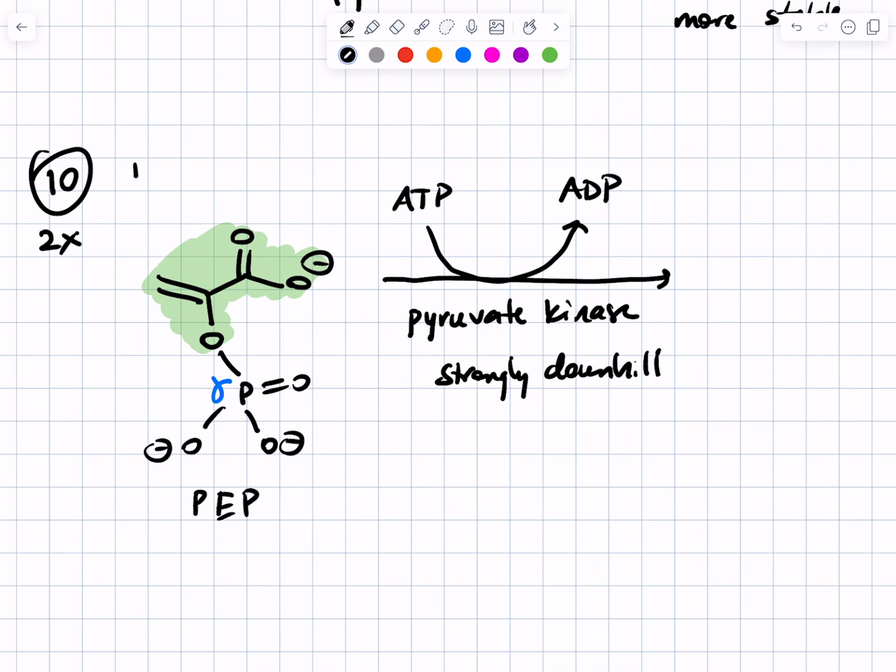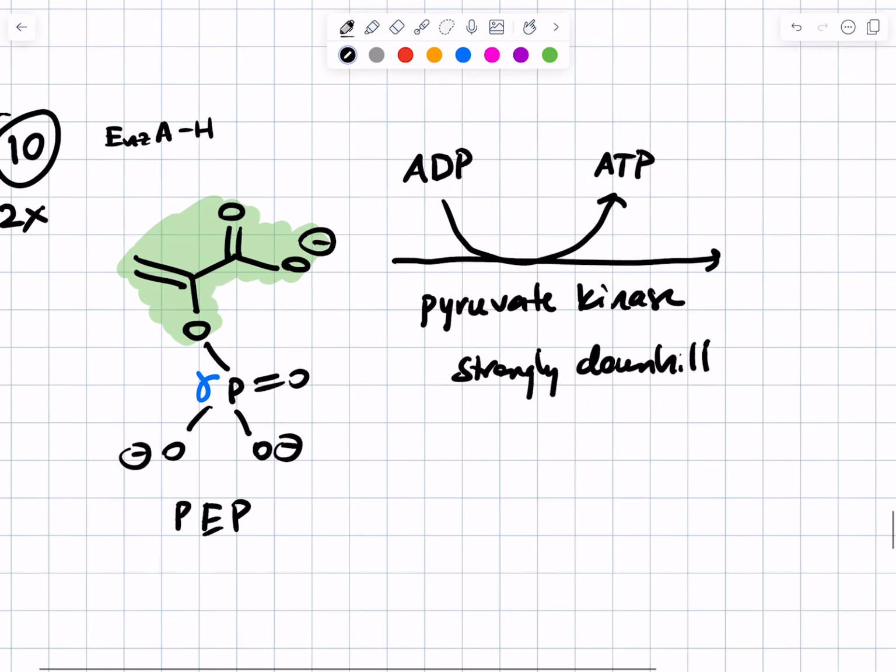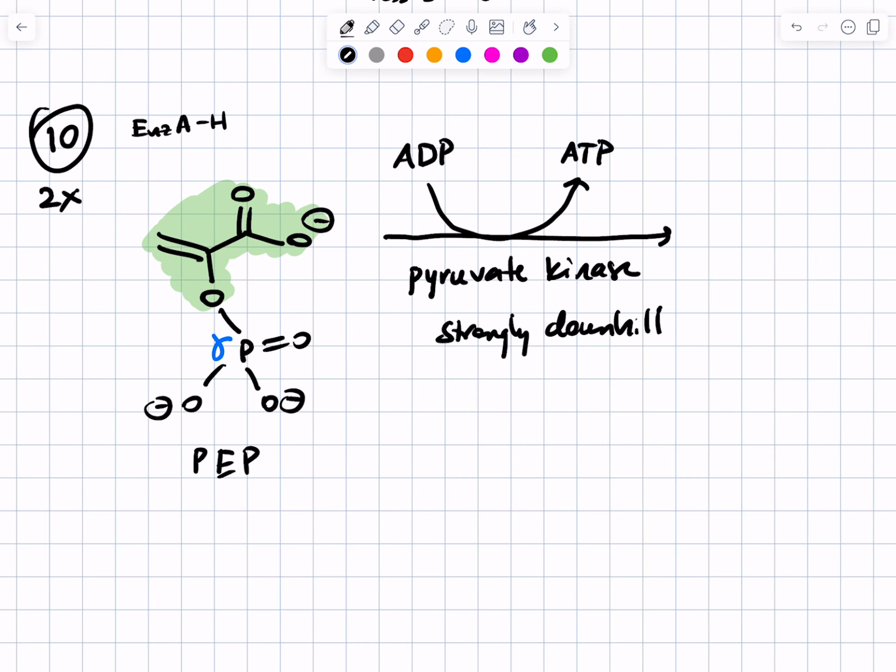It's thought that what happens is that the enzyme protonates. Sorry, I was doing this backwards. It is strongly downhill, but we're going to use ADP to generate ATP. All right. So it's thought that what happens is that the enzyme protonates the alkene at the less substituted carbon.